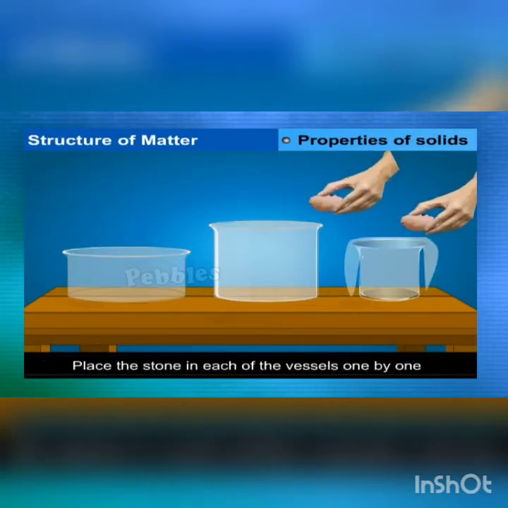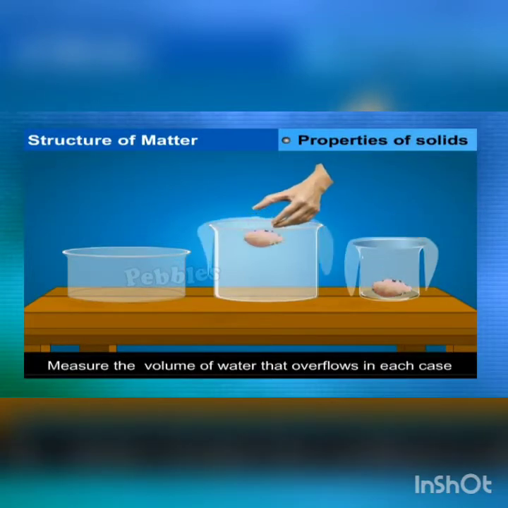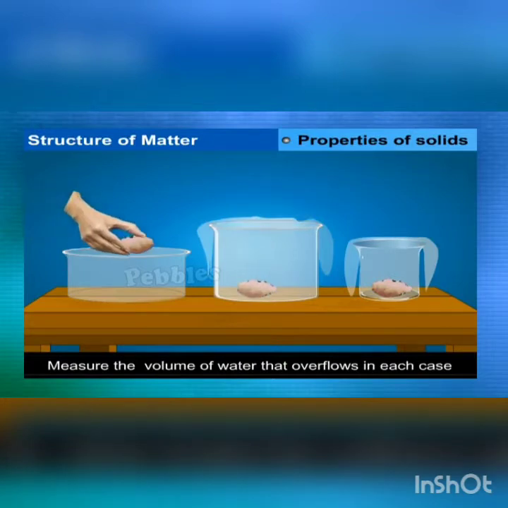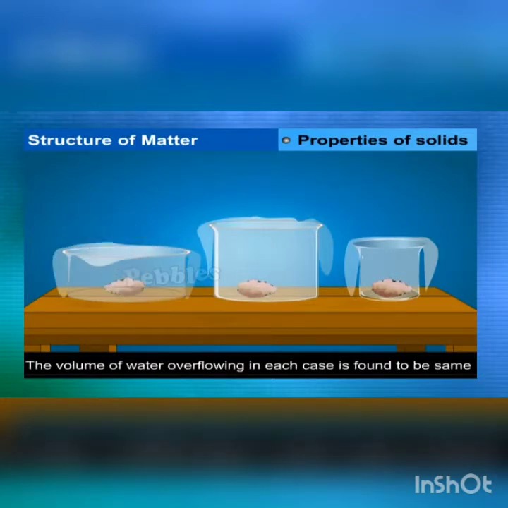Place the stone in each of the vessels one by one and measure the volume of water that overflows in each case. The volume of water overflowing in each case is found to be the same. Therefore, we can say that the volume of the stone or a solid remains unchanged.